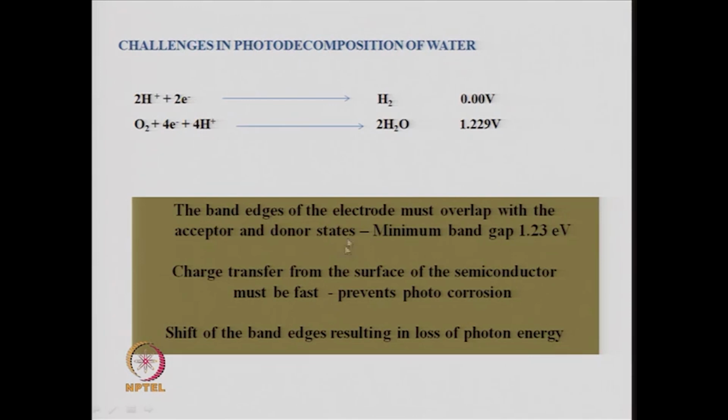The other point, the first key point, is that the band gap should be a minimum of 1.23 electron volt for water splitting. The second point is that the charge must transfer from the surface of the semiconductor very quickly.